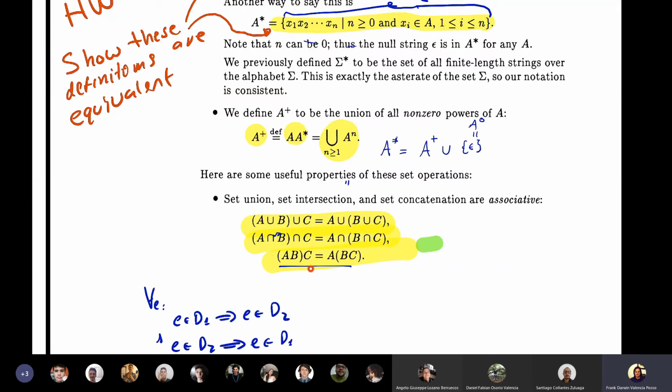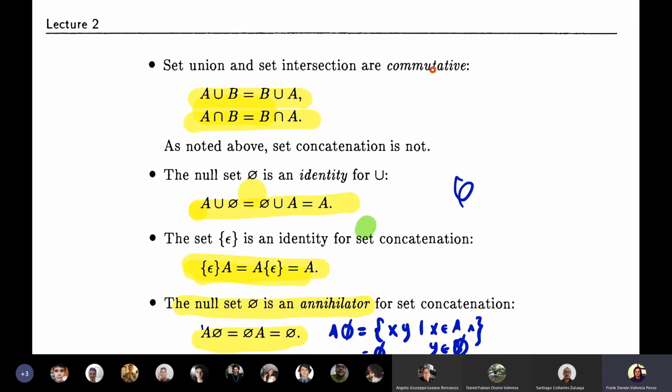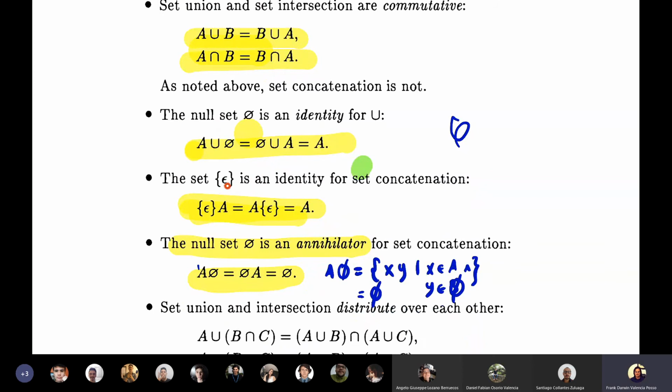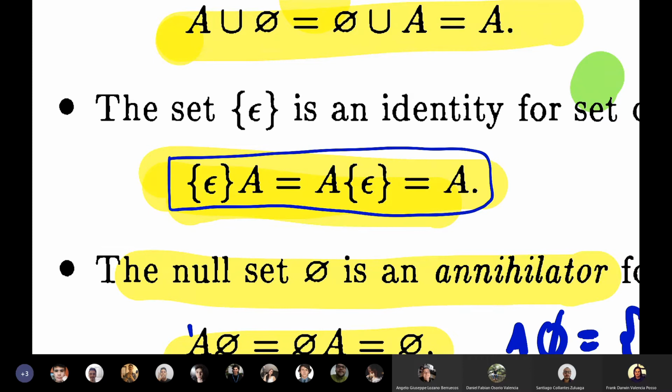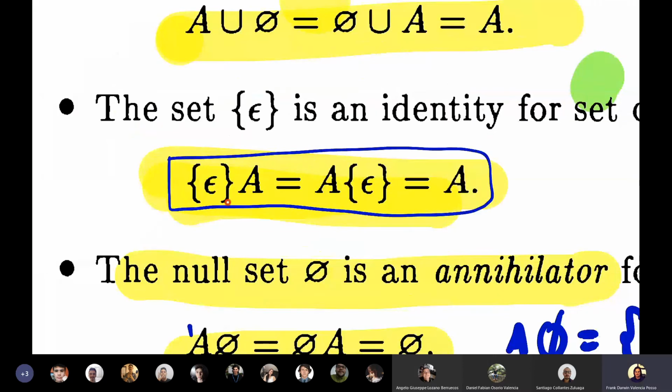But that's clear. And union is commutative. The empty set is the identity for the union. The set which contains only epsilon is the identity for set concatenation. Do you see why? This is true or not?